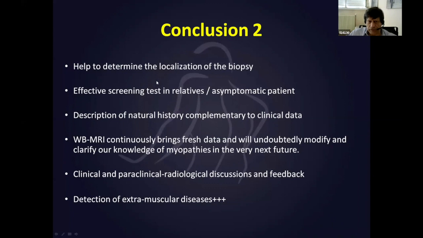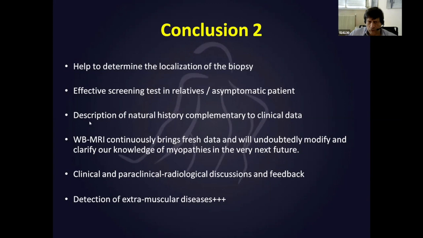It permits to determine the localization of the biopsy, sometimes when it is useful, to perform effective screening tests in relatives. Sometimes it's also very useful, and it is not an invasive tool, so it's easy to perform, even in asymptomatic patients.